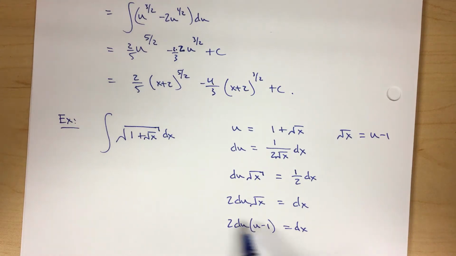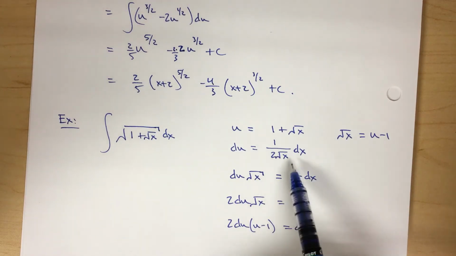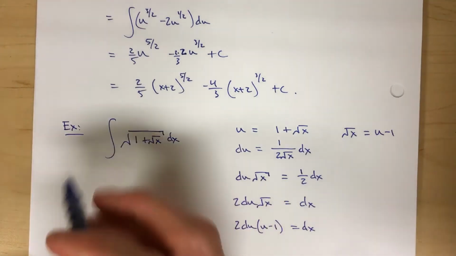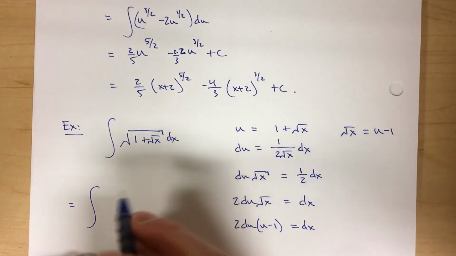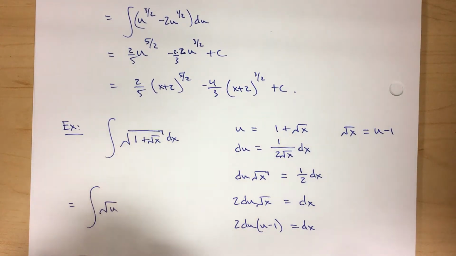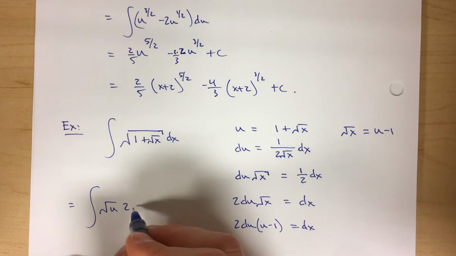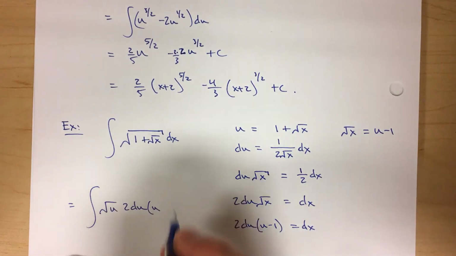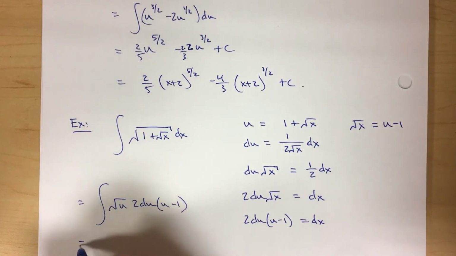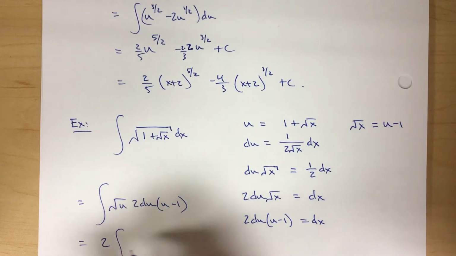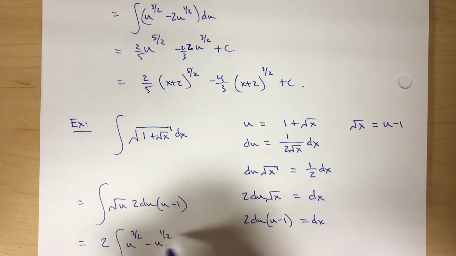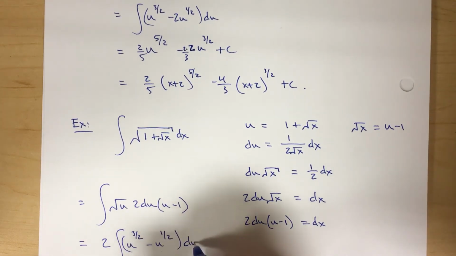But I now have dx in terms of u only, where I didn't before, and I have this in terms of u. So this actually becomes the antiderivative of the square root of u times 2 du times (u minus 1), which is simply 2 times the antiderivative of u to the 3/2 minus u to the 1/2 du.